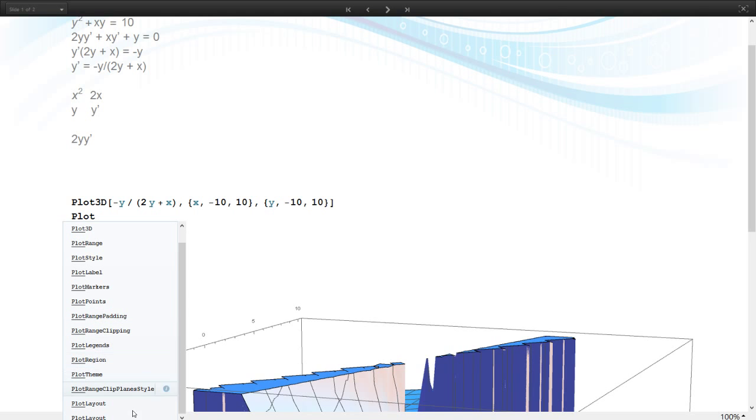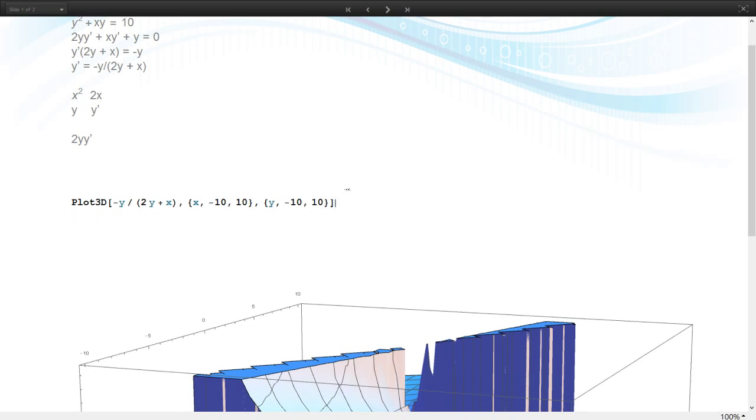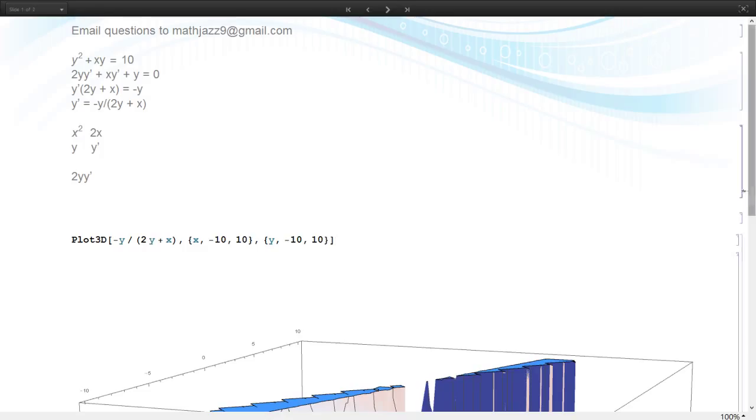Plot region. Yeah, I will have to think about how to do an implicit graph in Mathematica. I know that there's a way to do it. I can't think of it right now.